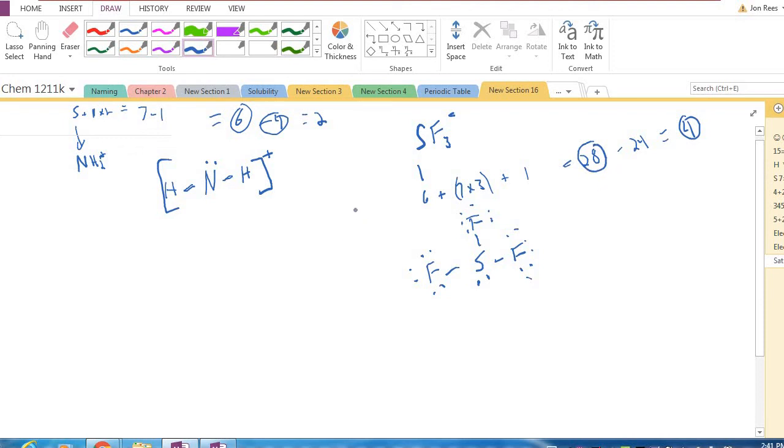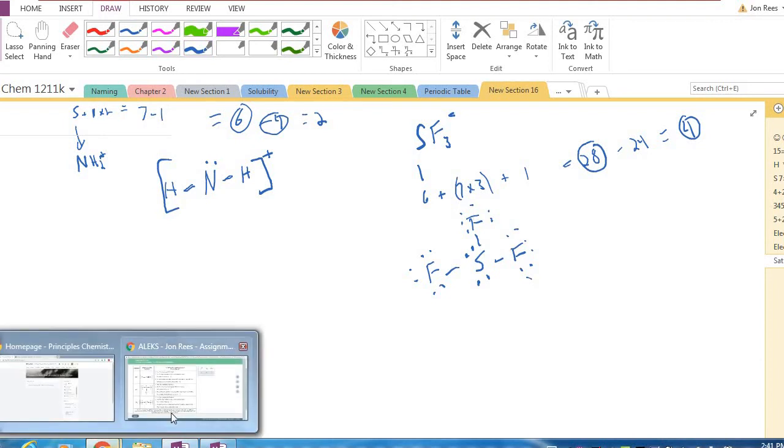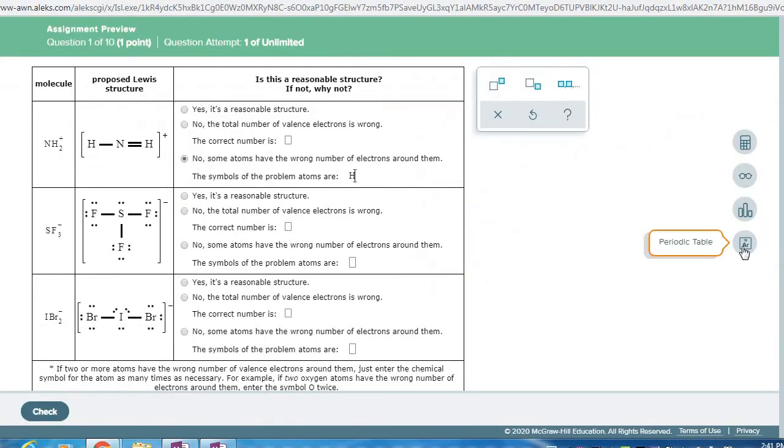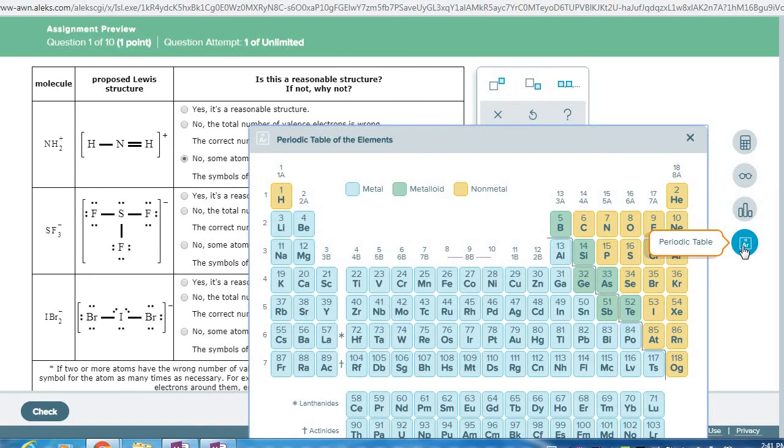What I would do for this Lewis dot structure is put another lone pair around that sulfur. Yes, that does violate the octet rule, but if we glance at our periodic table, sulfur is located down here along the third period, which means that we can occasionally violate the octet rule.